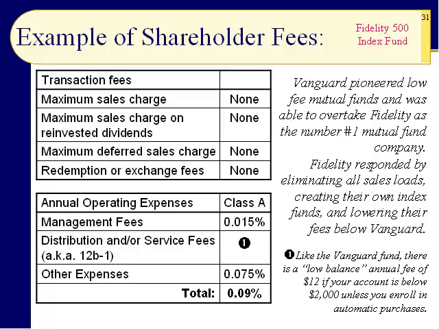So they responded, eliminating their sales load, creating their own index funds, lowering their fees below Vanguard. So their management fee is 0.015%, 0.075% for other expenses. There's a low balance annual fee like Vanguard has, which you can get rid of by just enrolling in automatic purchases.